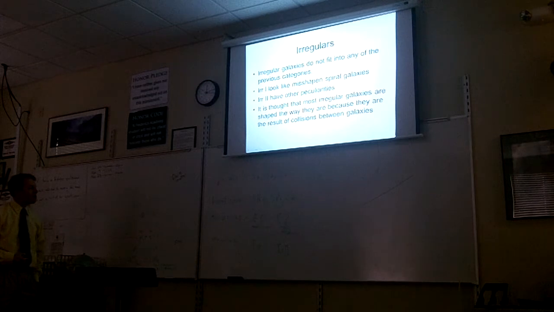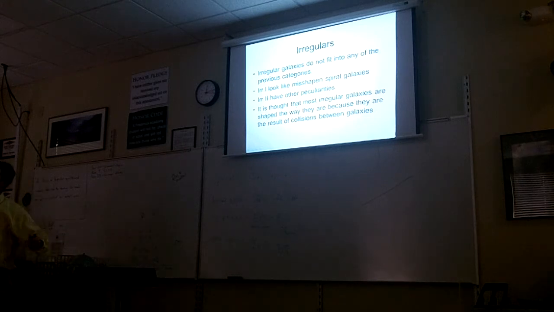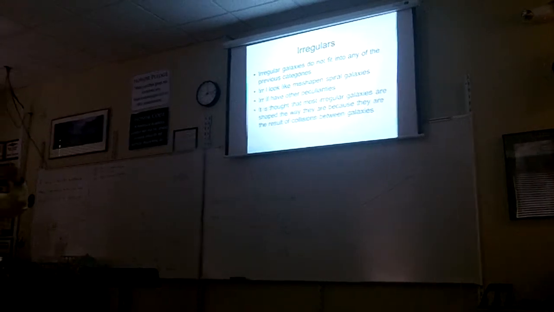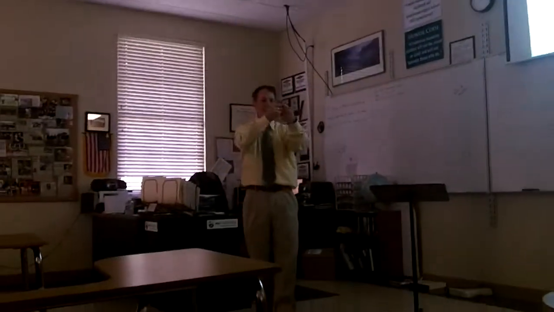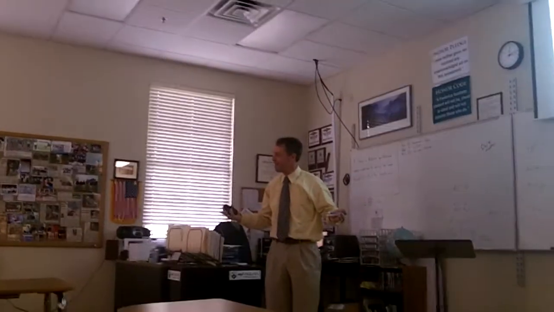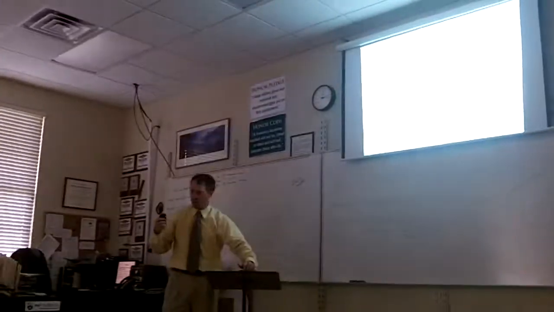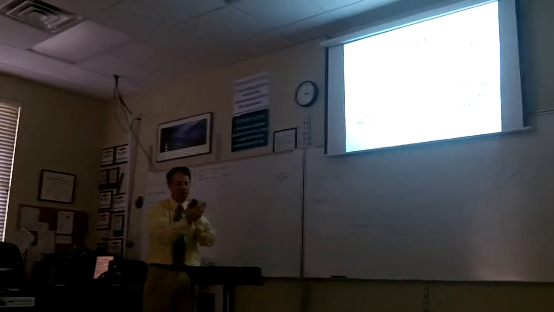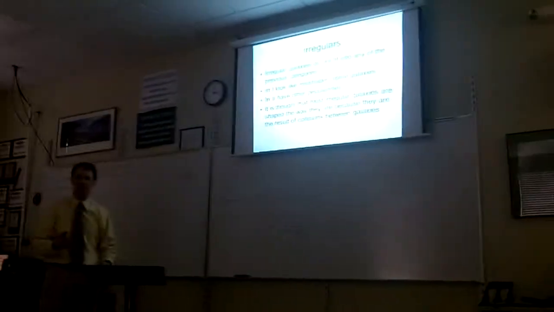If we're lucky. Well, that's the next thing: how do these galaxies get the shapes they are? And we think it's because of collisions between galaxies. Galaxies move through space, and they can hit one another and change their shape. Galaxies move way too slow for us to see a collision occur and see what results.